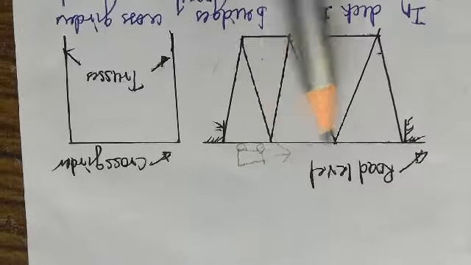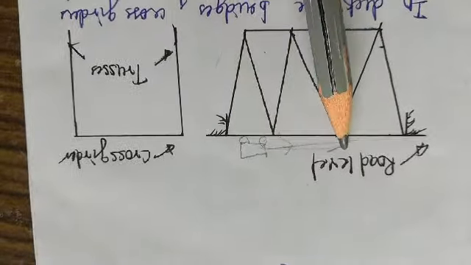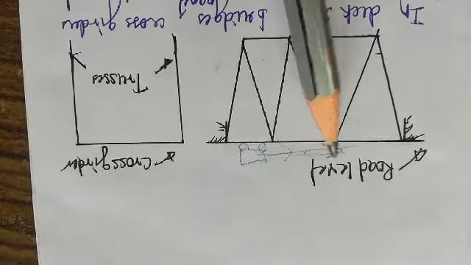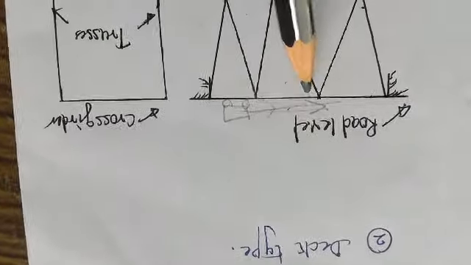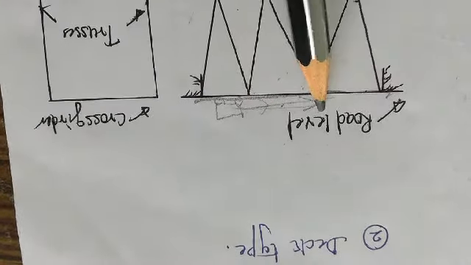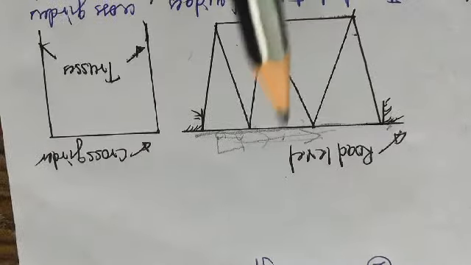At this level the road is placed and the vehicles are moving. These vehicles can be normal vehicles or even a train. That's why it is called the deck type of truss. It is moving at the top level, or the deck level. That's why this type of truss is called a deck type truss.